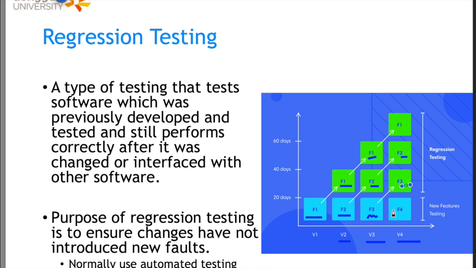But if you add a new module or new function, then all the functions should be tested together, because the new function will affect previous functions' functionality or execution. So all the functions should be tested together with the new function, which means all the functions will be tested repeatedly again.